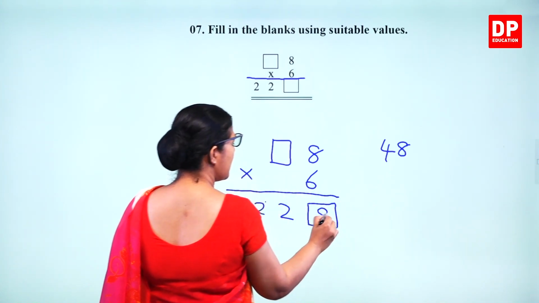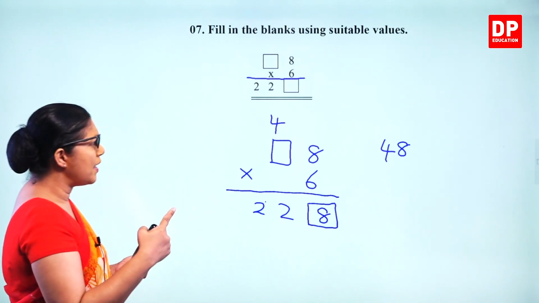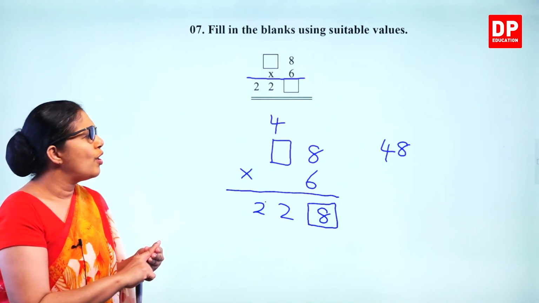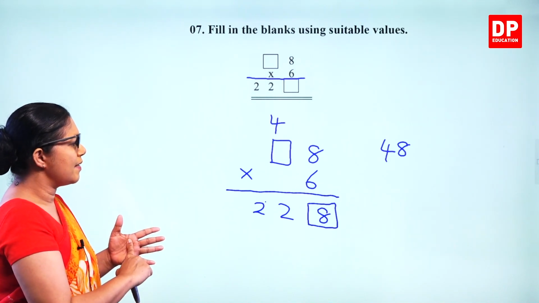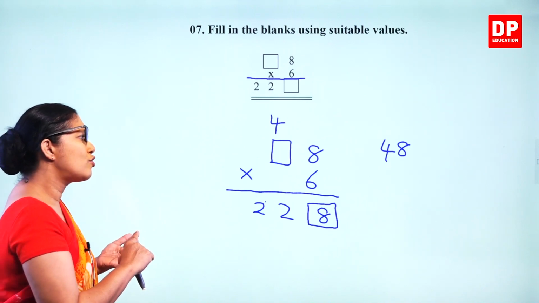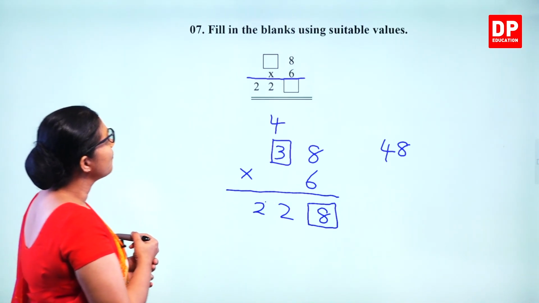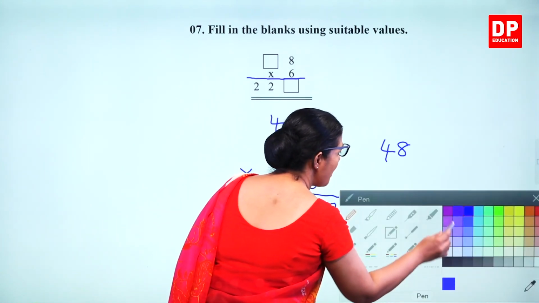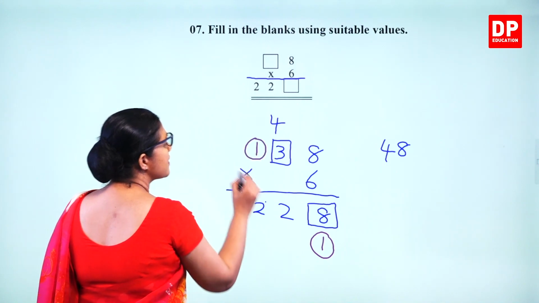So 8 comes here. 4 remaining. So 6 times something plus 4 is 22. 6 times 2, that's 12 plus 4, 16. 6 times 3, 18. 18 plus 4, 22. So that means this should be 3. So you get 2 marks, 1 mark each for these 2 blanks.